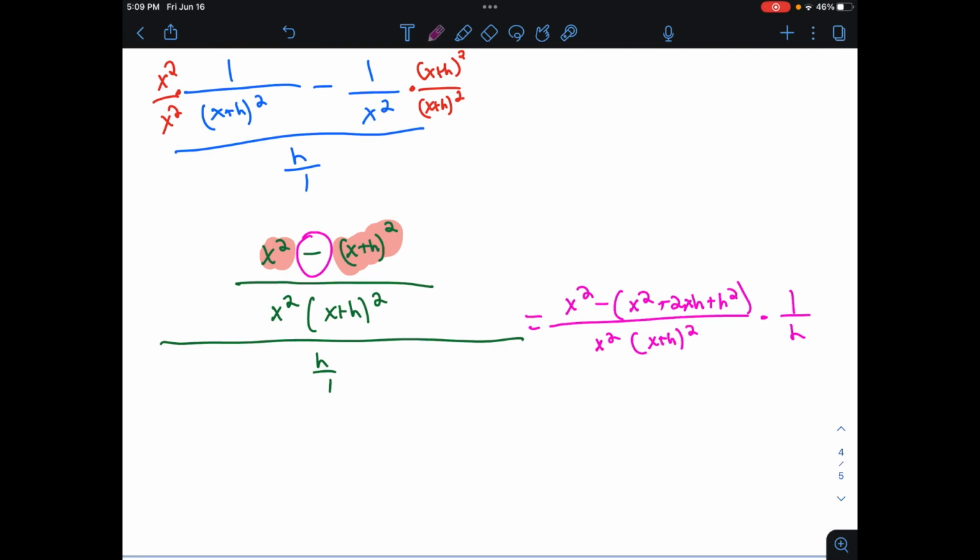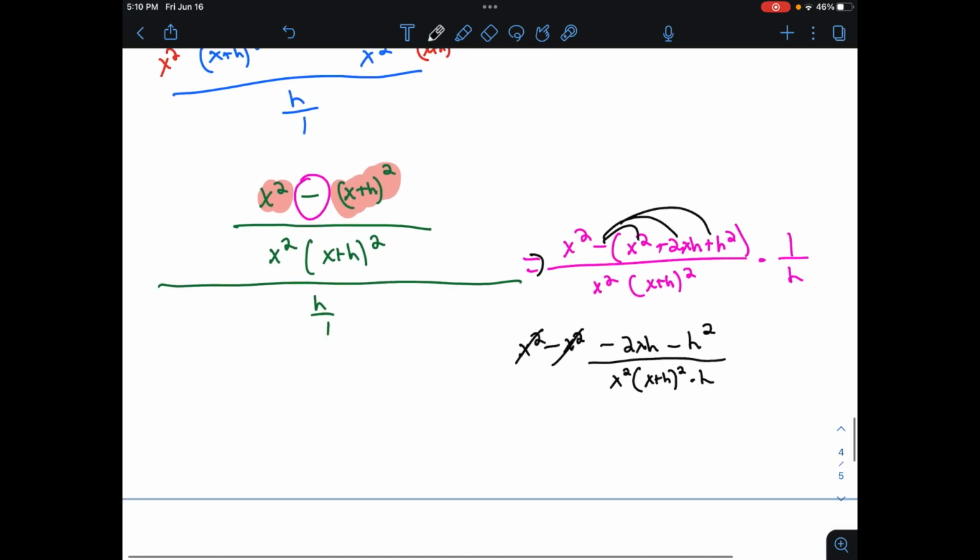Okay. Distributing in my negative sign, 1, 2, 3, I'm going to get x squared minus x squared cancels, minus 2xh plus h squared times 1, so that doesn't really matter. And it's not plus h squared. Classic mistake, Mr. Miller. That negative distributed to the h squared, so it's minus h squared all over, and then our denominator, I have x squared, x plus h squared times h.